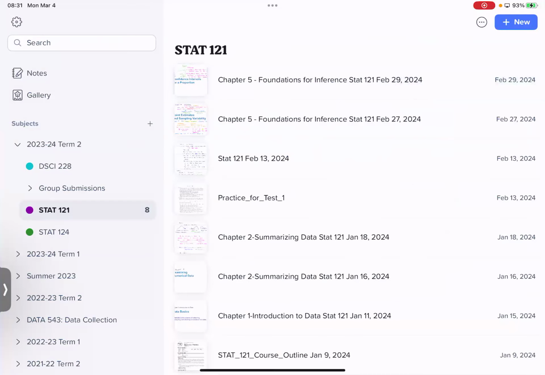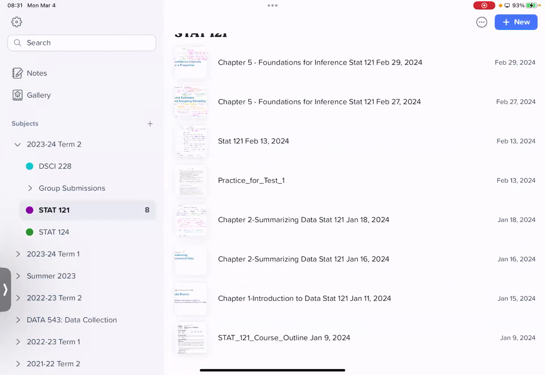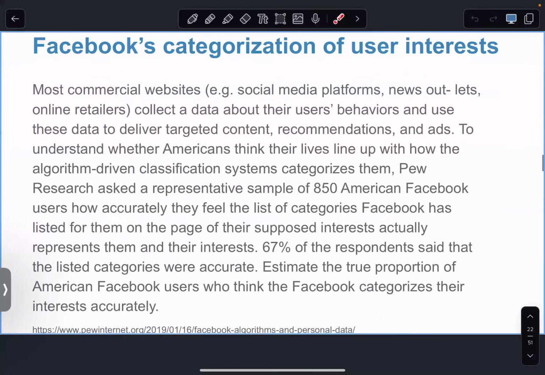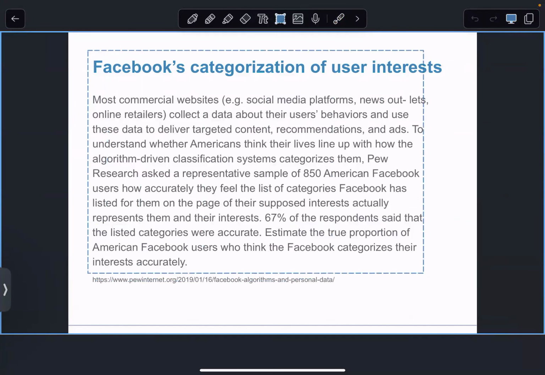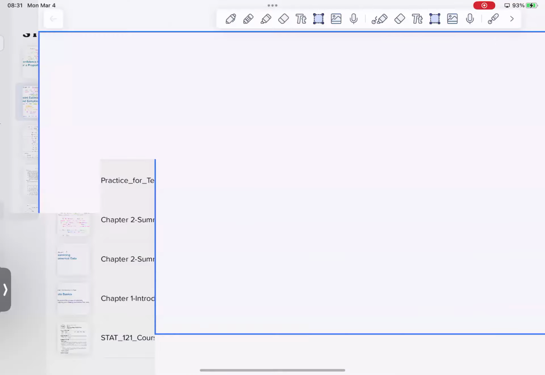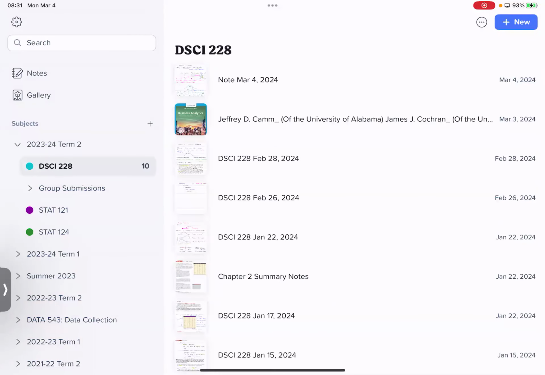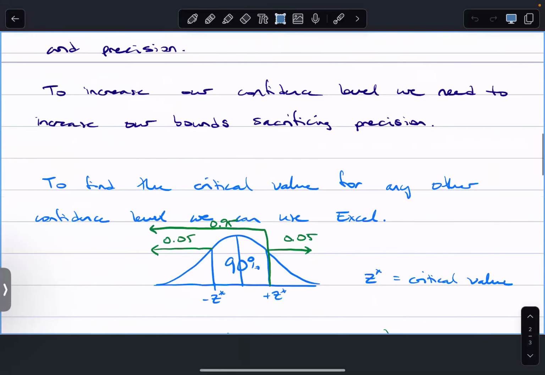How about this one? Stealing from another course here, but that's okay. Let's make this bigger.